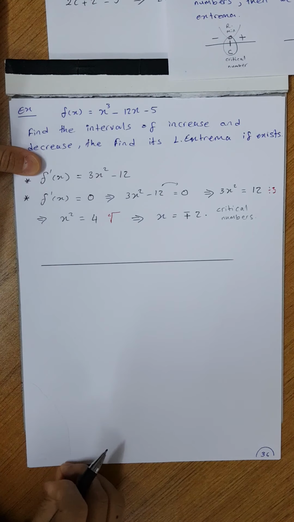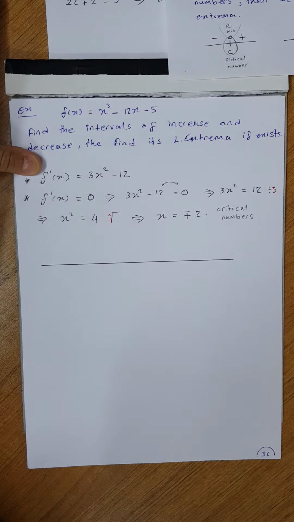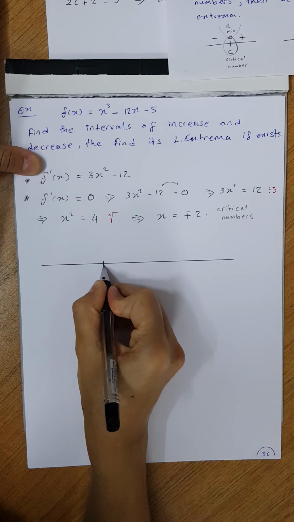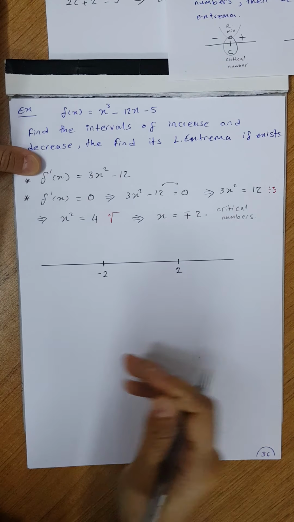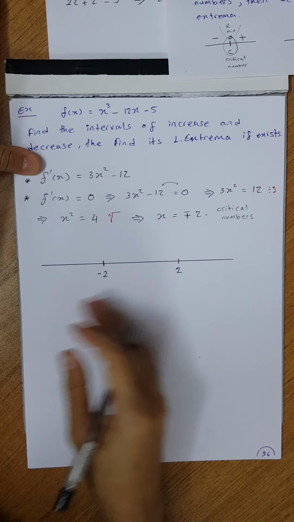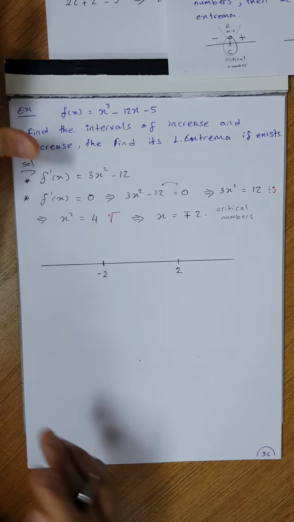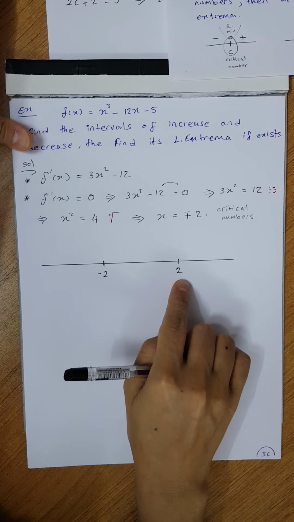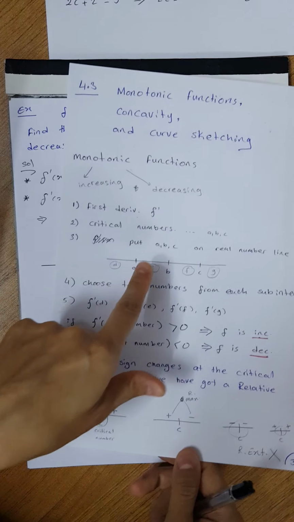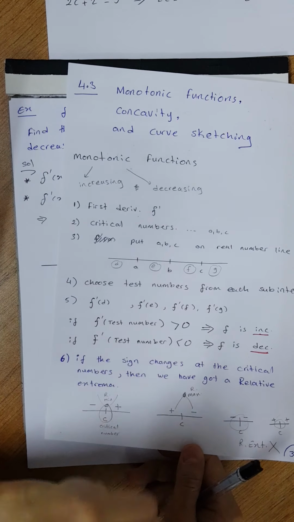Of course, when I'm putting those numbers on the real number line, I'm putting them in order, from smallest to greatest. So I have negative 2 here and 2 here.